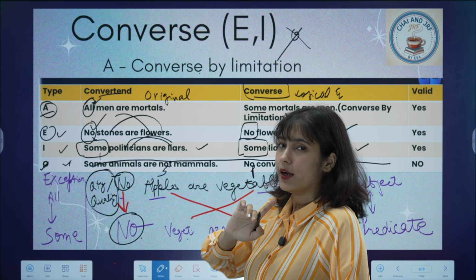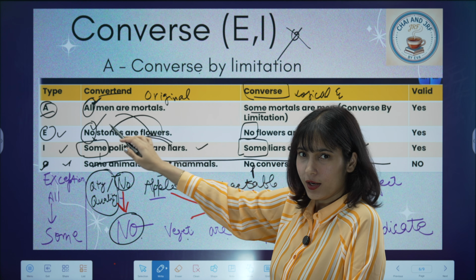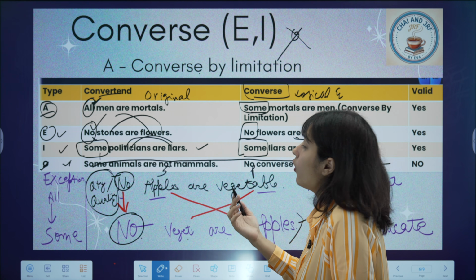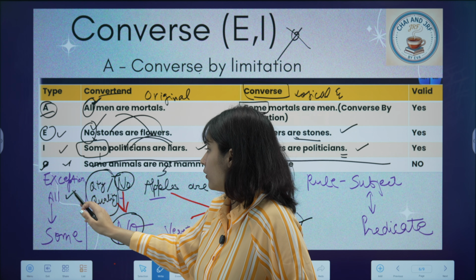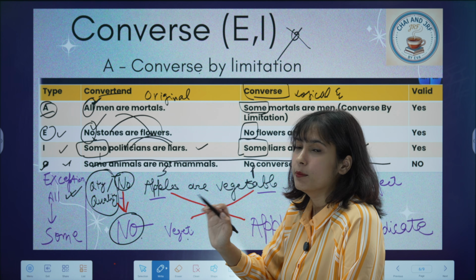From all it will become some. So this is the exception case. It will happen only for all, only for the A type of proposition. So you don't have to worry much about it.